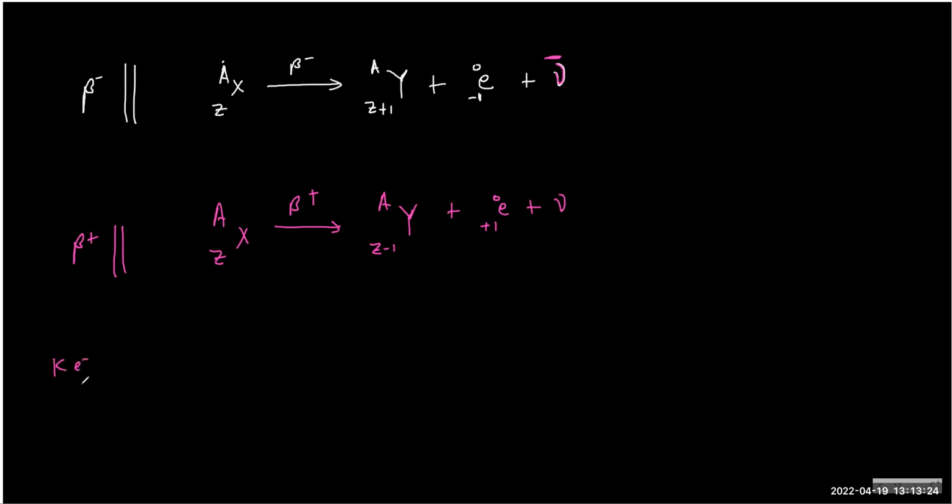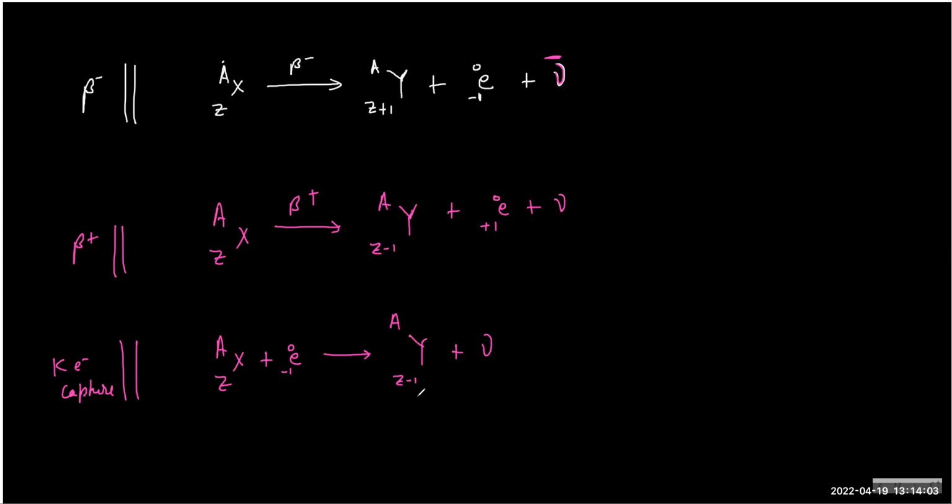And in the K electron capture, the reaction will be A X Z, and we are capturing the electron, which you can represent as 0, minus 1. So we get a Y, which is A and Z minus 1, plus a neutrino. So this is the way of writing the equation.